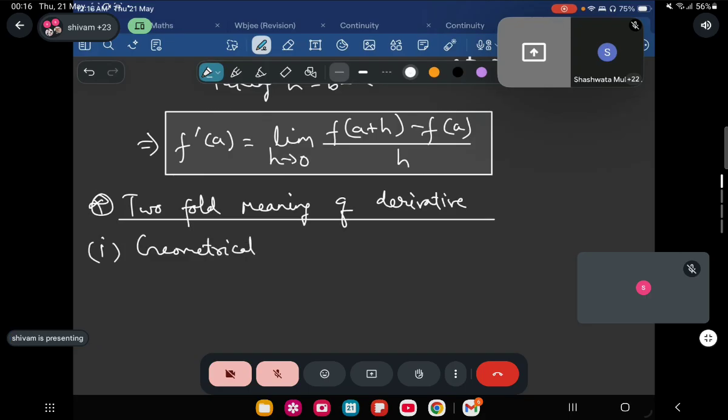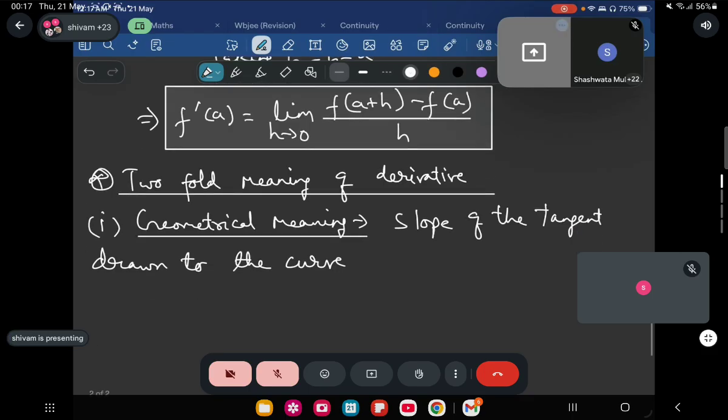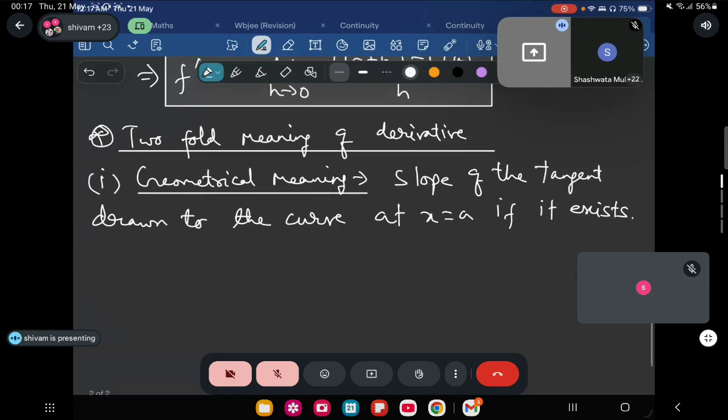It is the slope of the tangent drawn to the curve at x equal to a, if it exists. Okay, it will represent the slope of the tangent drawn to the curve.